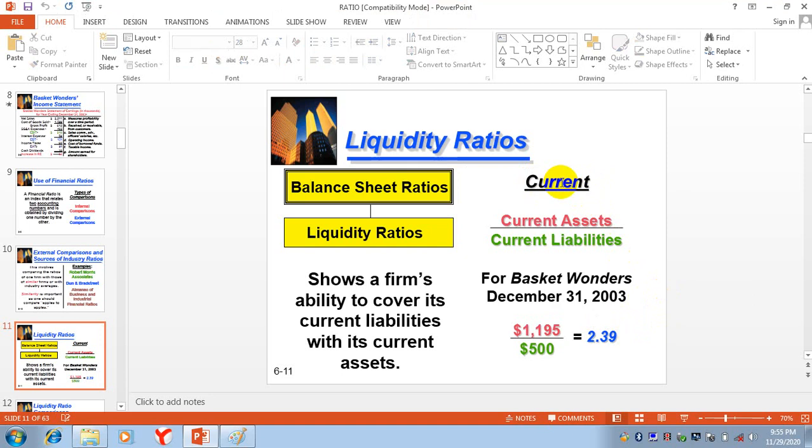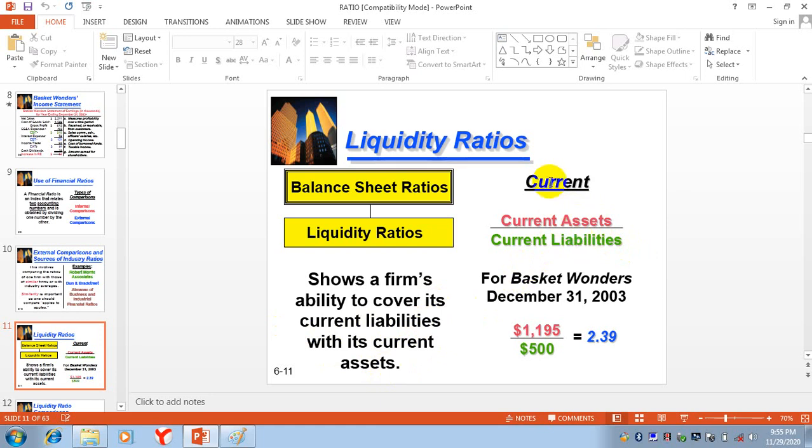First one is current ratio. What does it show? It shows a firm's ability to cover its current liabilities with its current assets. Can we pay our current liabilities with our current assets or not? This is called current ratio.